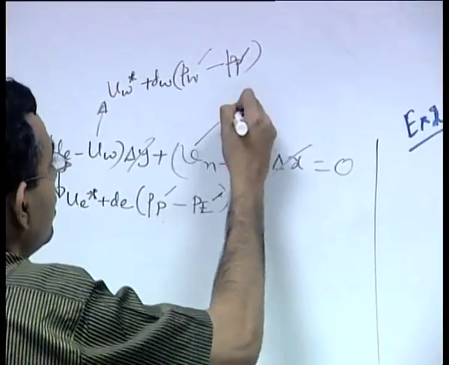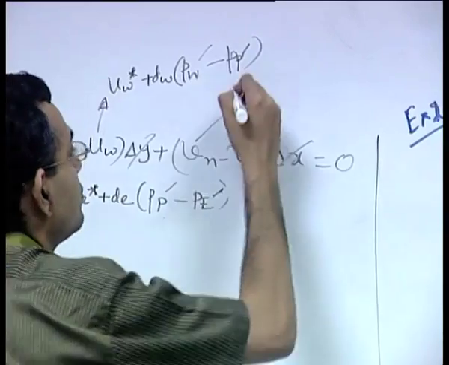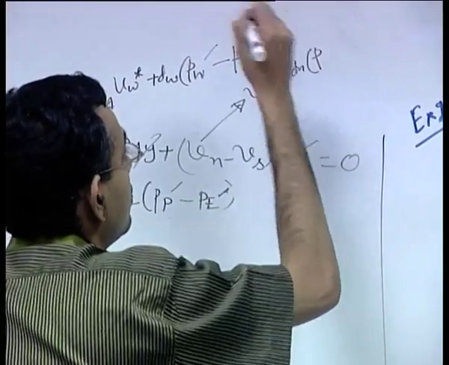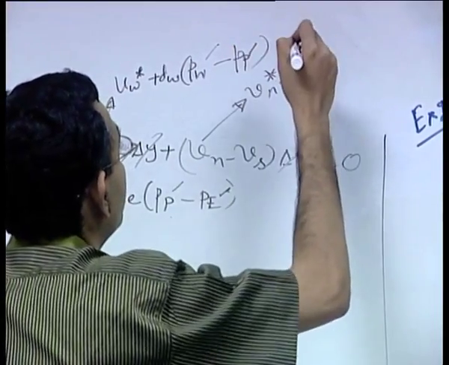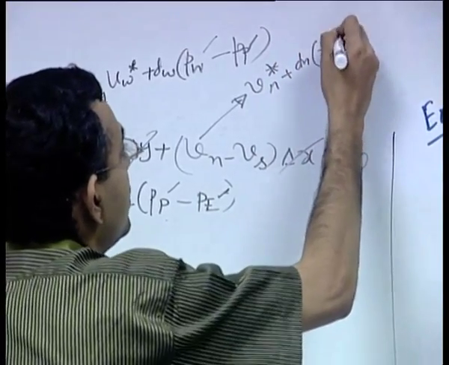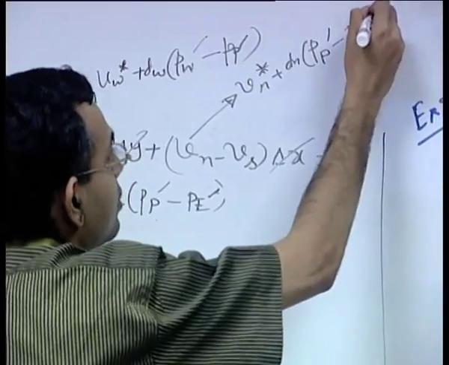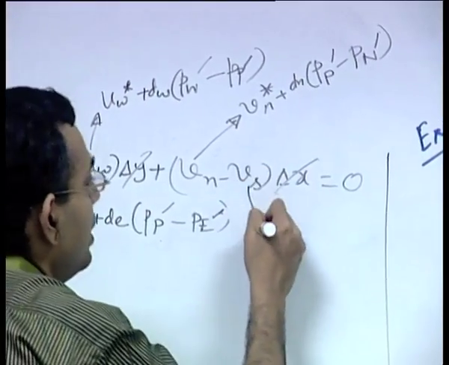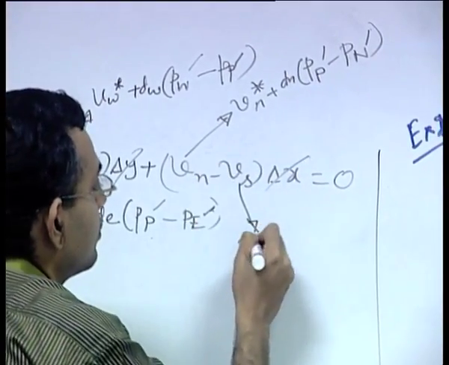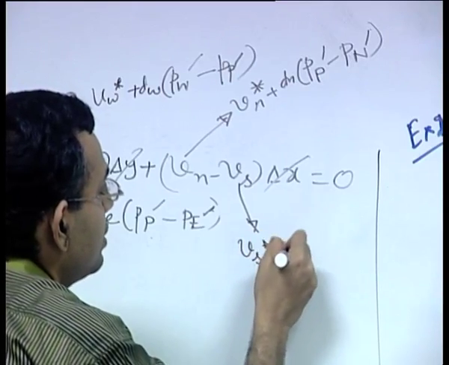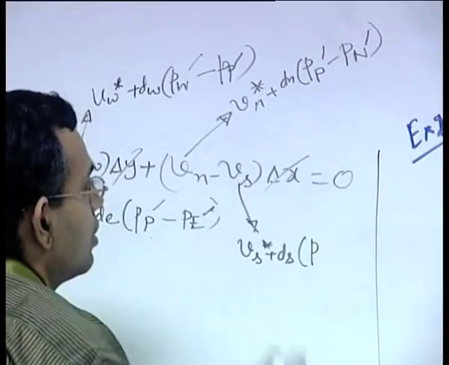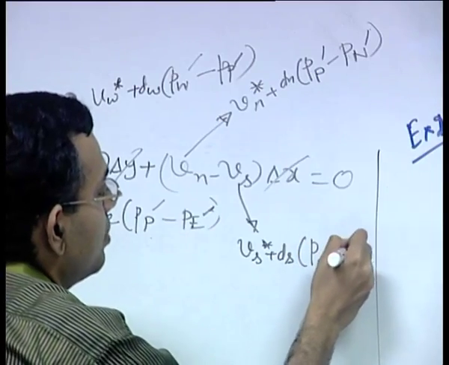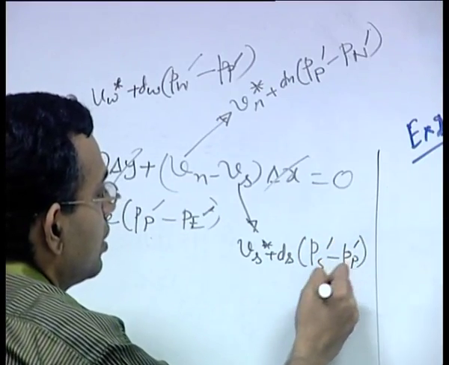Similarly, in place of Vn, Vn star plus dN into Pp dash minus Pn dash. In place of Vs, Vs star plus dS into Ps dash minus Pp dash equal to 0.